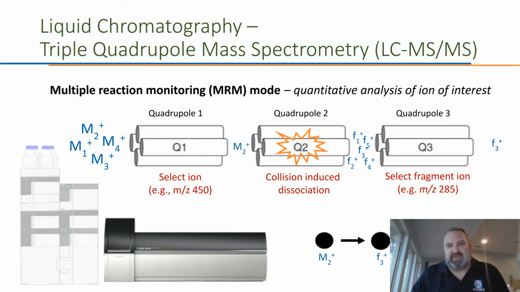Additionally, the extra sensitivity comes because we really reduce a lot of noise from the analysis with this kind of triple filtering mechanism that we have in a triple quadrupole. That lowering of the noise allows us to have a higher signal to noise ratio, which is what we're looking for in quantitative analysis.